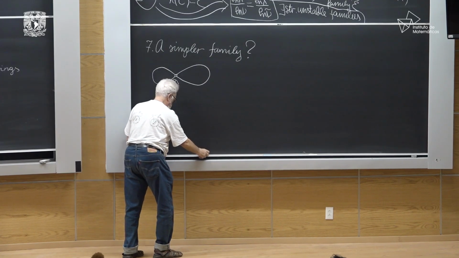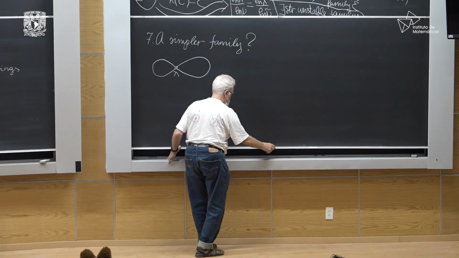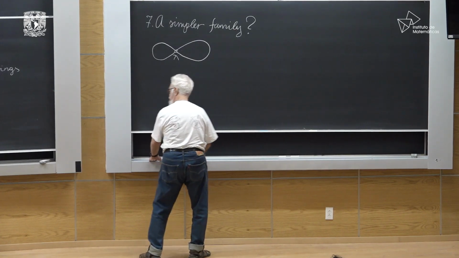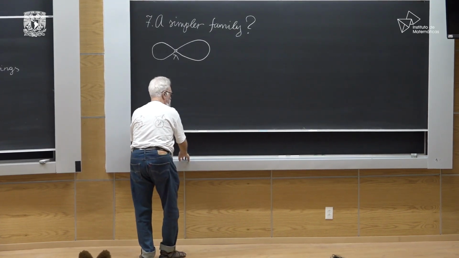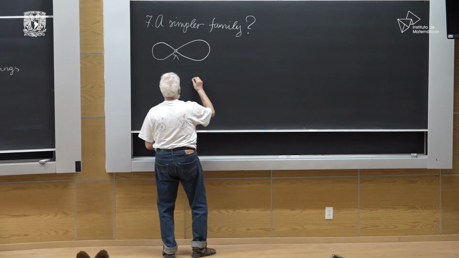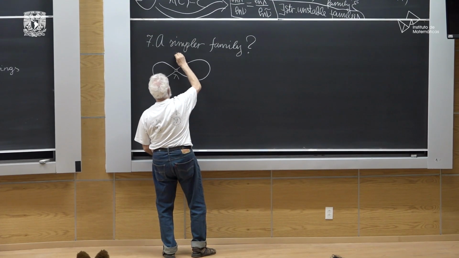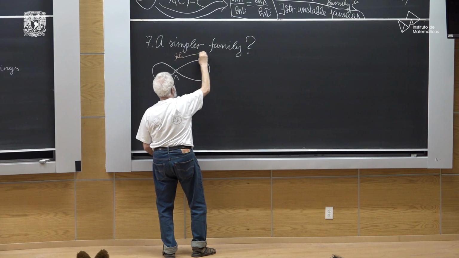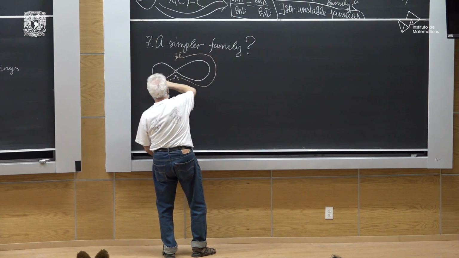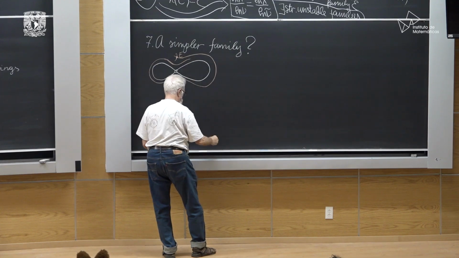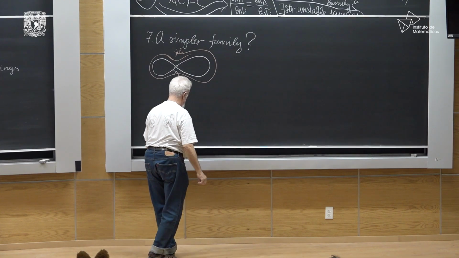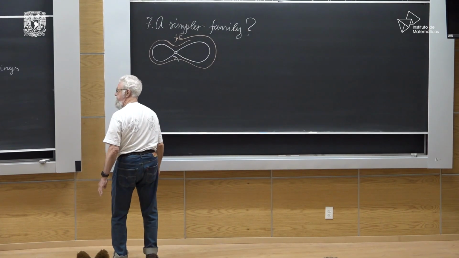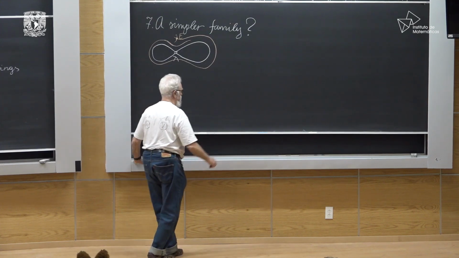And let us try to simplify the situation. Suppose that the exterior saddle exists and its separatrices wind to this surface, and suppose that the interior saddle exists.